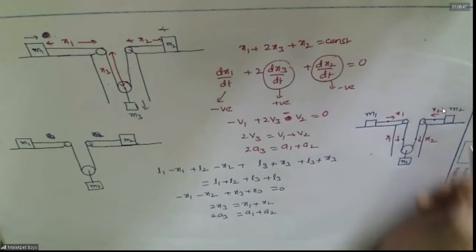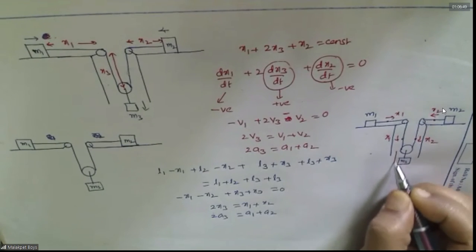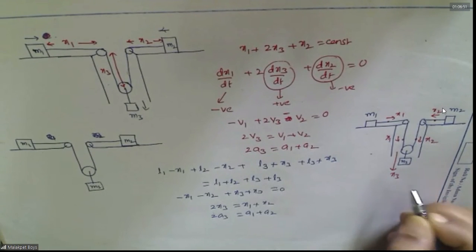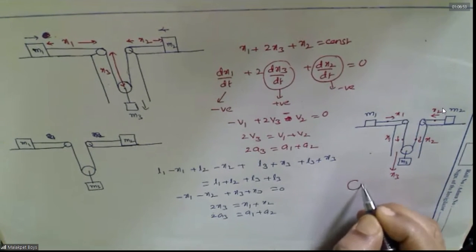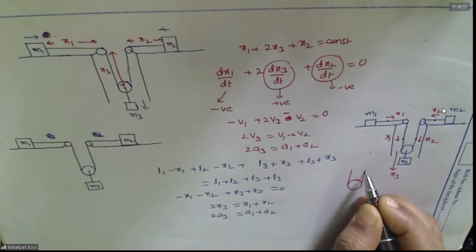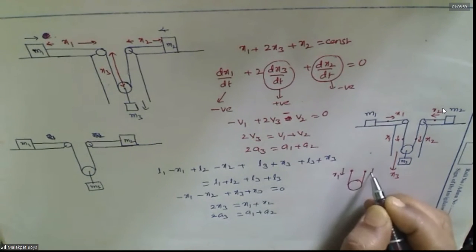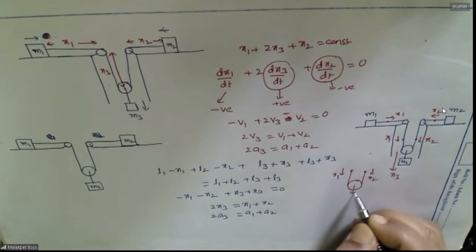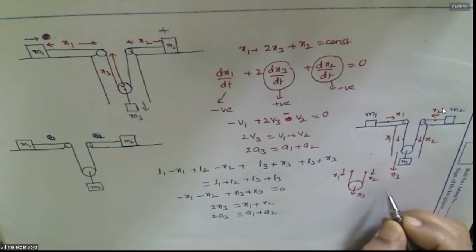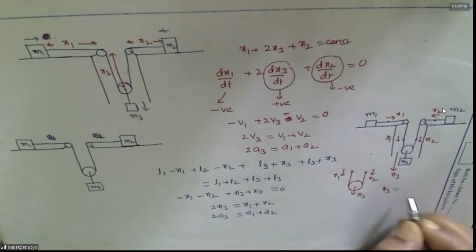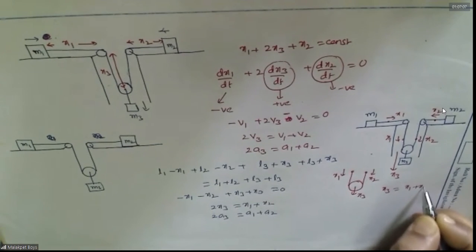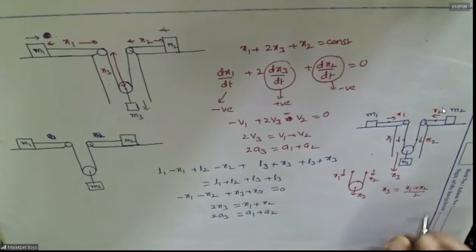Do you agree with this? Whereas the pulley is moving like this. So for this pulley, we are having x1, this is x2, x3. Now what you have here, x3 for the pulley is, remember this?